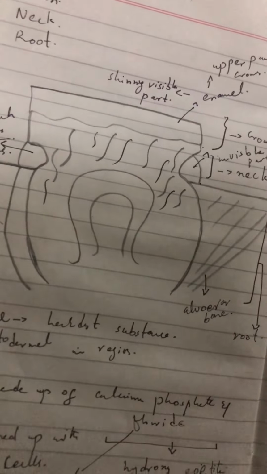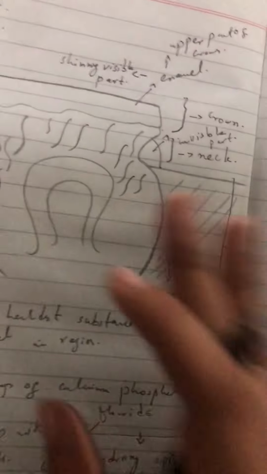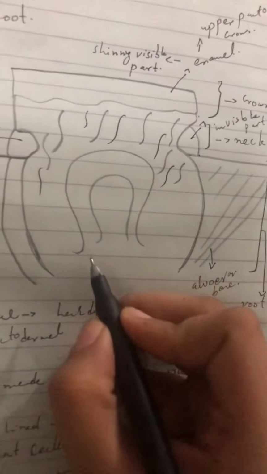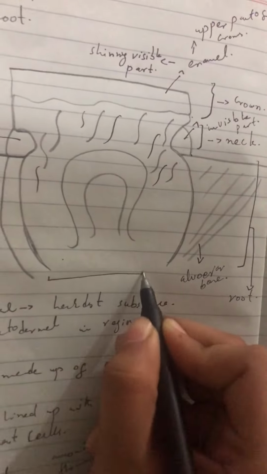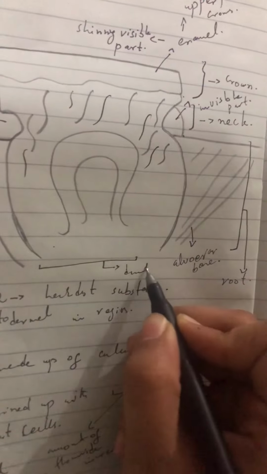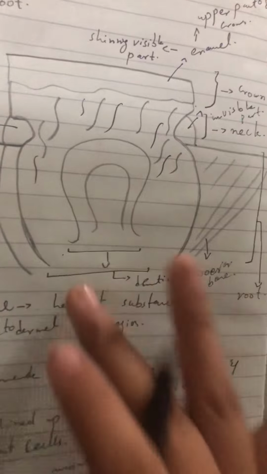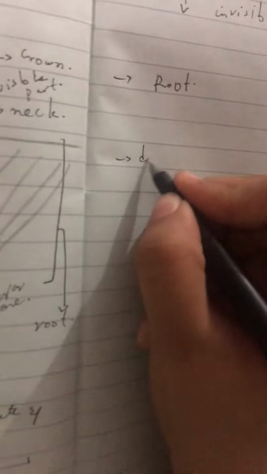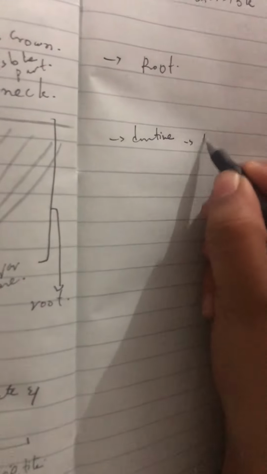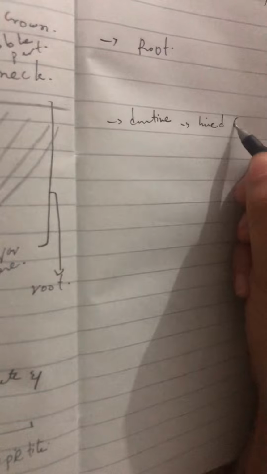After that, we have one part, which is called dentine. You can say this part is called the dentine. Now the dentine is lined up with cells called odontoblast cells.